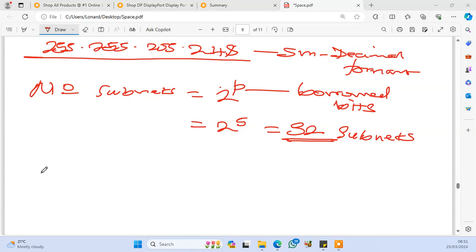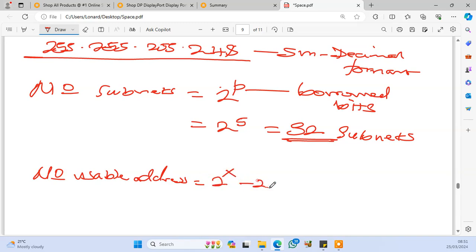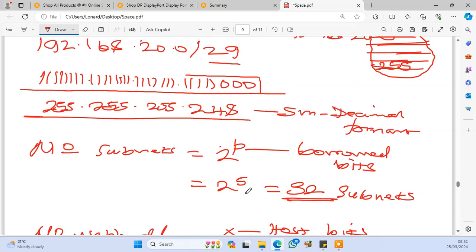The formula is number of usable addresses is equal to 2 power x minus 2. X here are the host bits. The host bits, how many? We have 3.